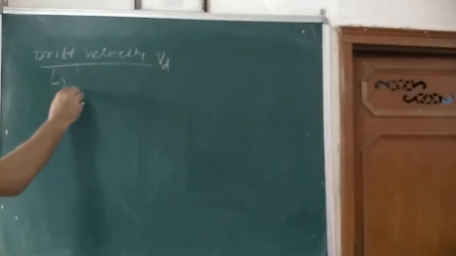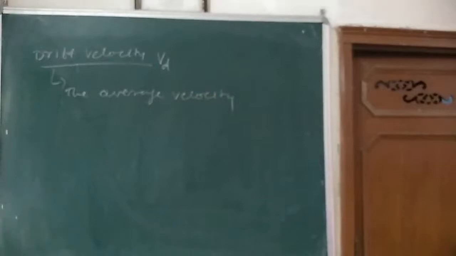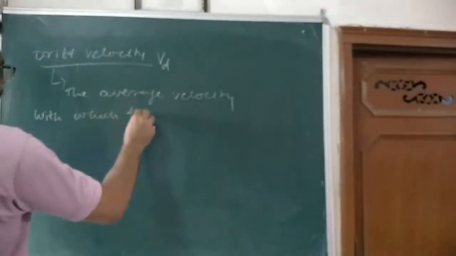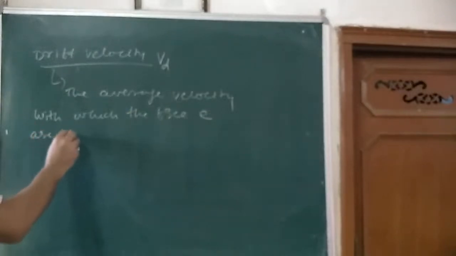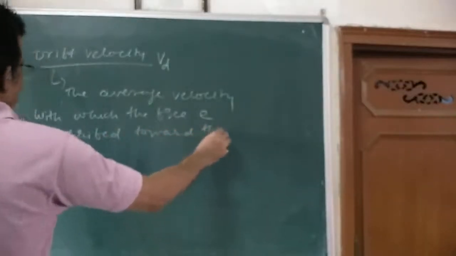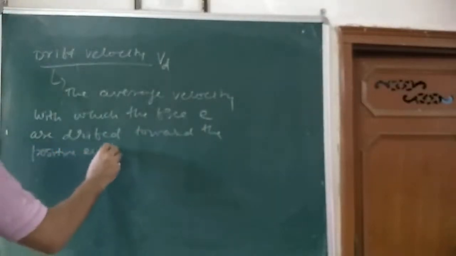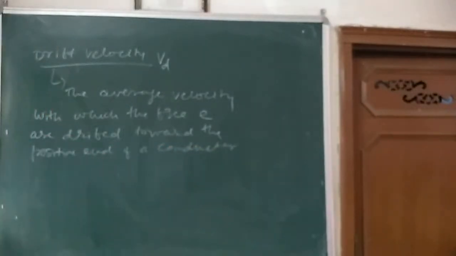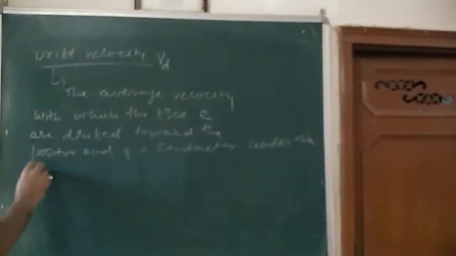That is the average velocity with which the free electrons are drifted towards the positive end of a conductor under the influence of external electric field.